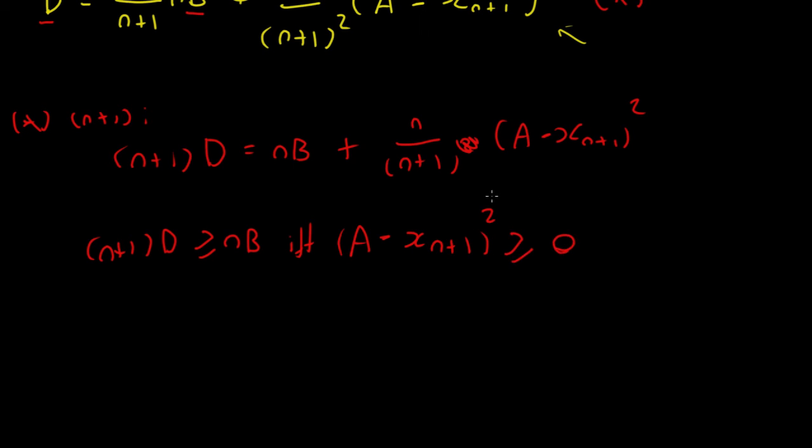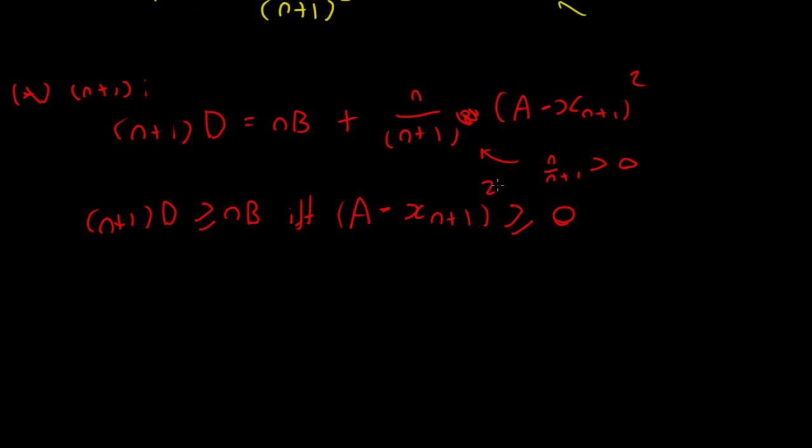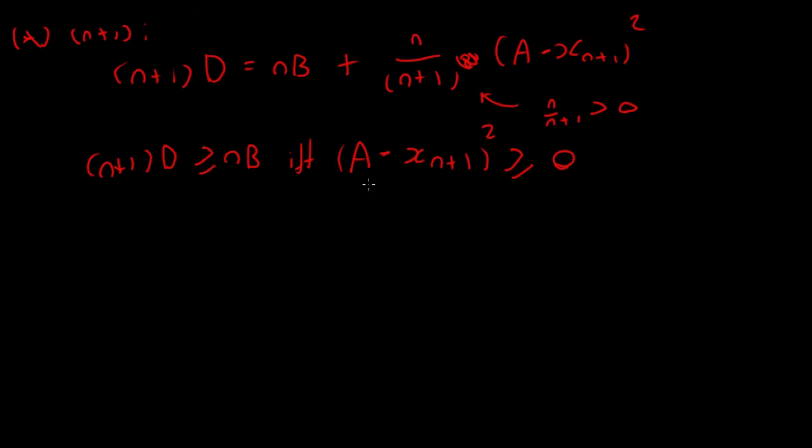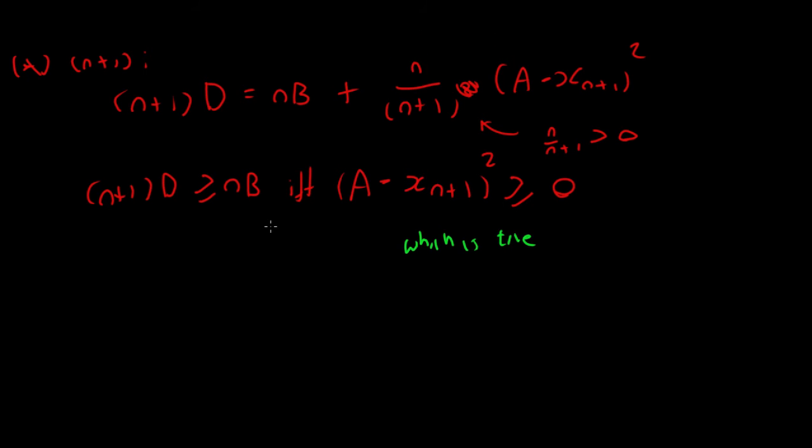You might want to write some comment in there about the fact that n plus 1 is always greater than 0, because we're considering n to be a fixed positive integer, so that's quite clear. But this squared expression is always greater than or equal to 0, which is true. Therefore n plus 1 d is always greater than or equal to nb.